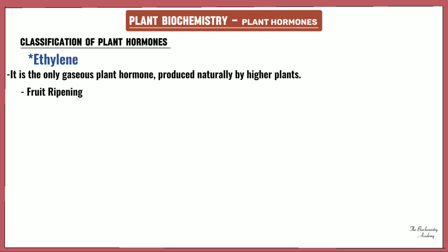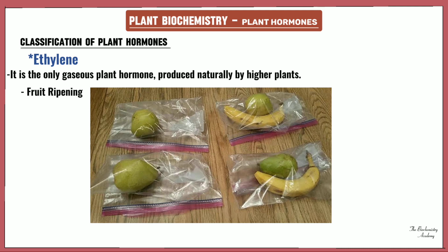For example, if you keep a ripe fruit and an unripe fruit together in a basket and cover it, after some period of time you discover that all the fruits are ripened. Why? Because of the hormone ethylene. So ethylene is what stimulates the ripening of fruits.